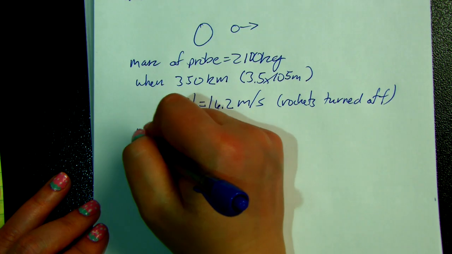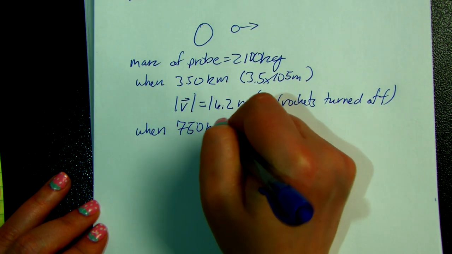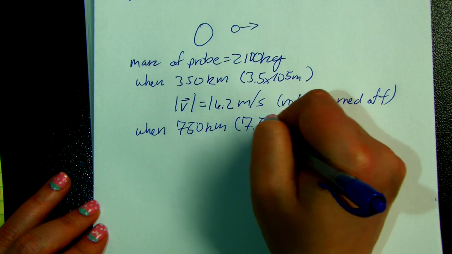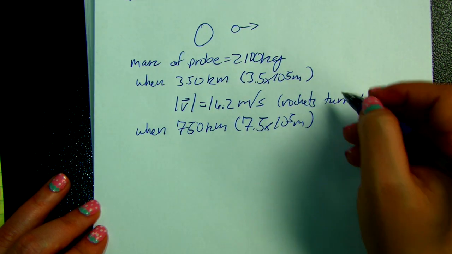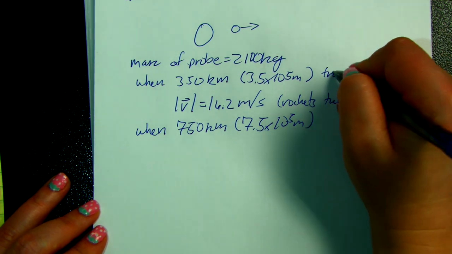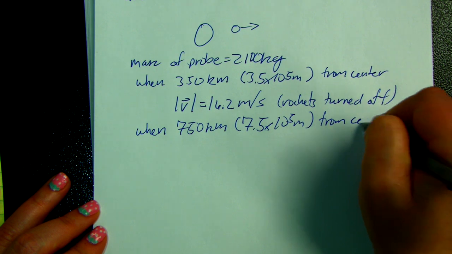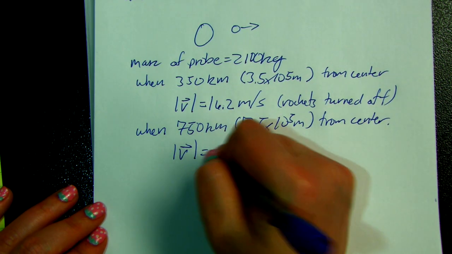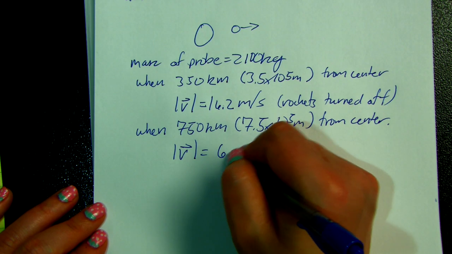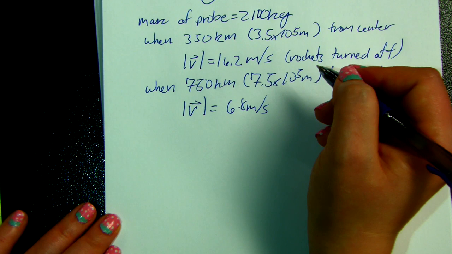And then when it is 750 kilometers, so that's 7.5 times 10 to the 5 meters, from center, so these are both from center, it has a speed of 6.8 meters per second.